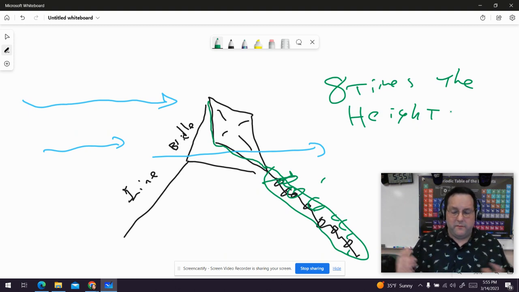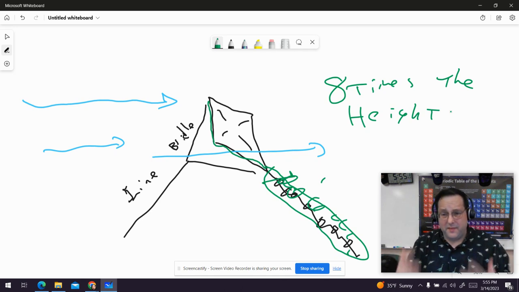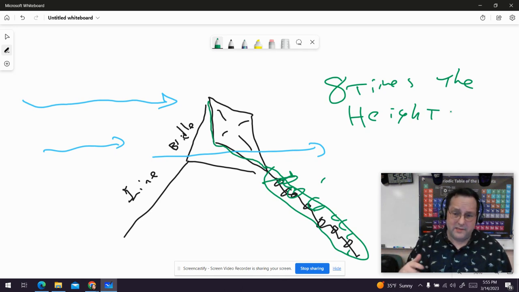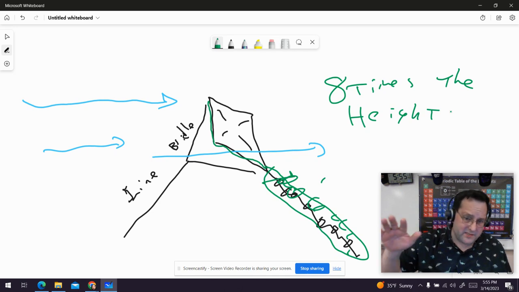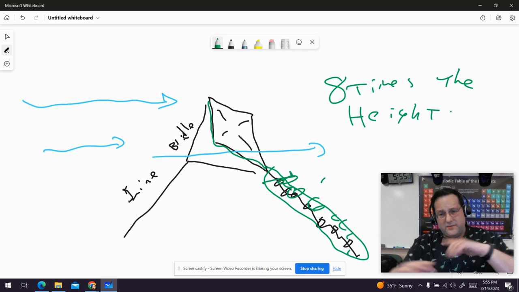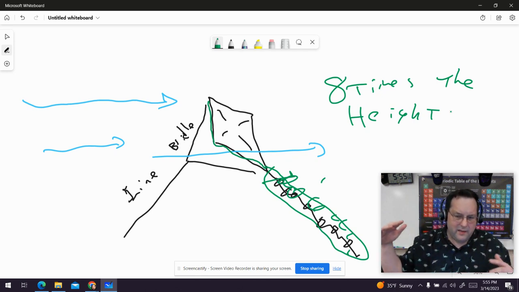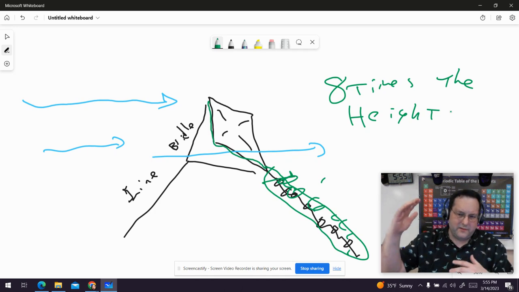First of all, we need to have drag on the kite in order to control it. Secondly, the kite itself creates drag. That drag is commensurate with the angle of attack that we use on the kite. But you have to play out the angle of attack with the speed of the wind and the lift there.